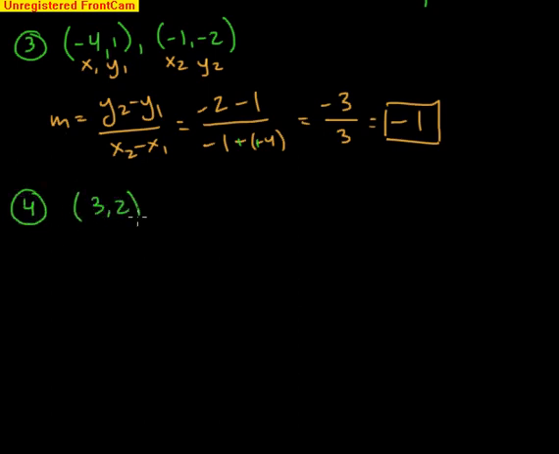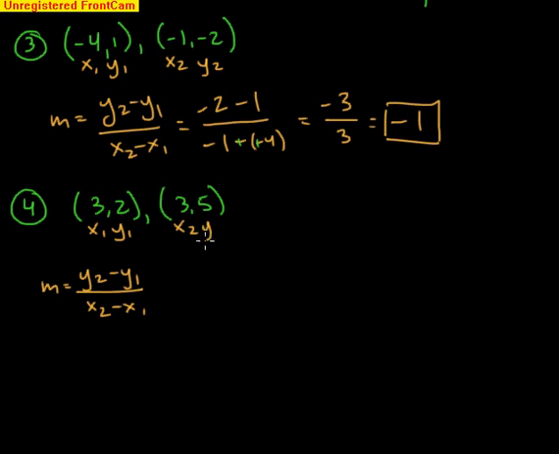So we have the point 3, 2, and the point 3, 5. So the first thing we'll do is find the slope by writing the formula down. M equals y2 minus y1 over x2 minus x1.